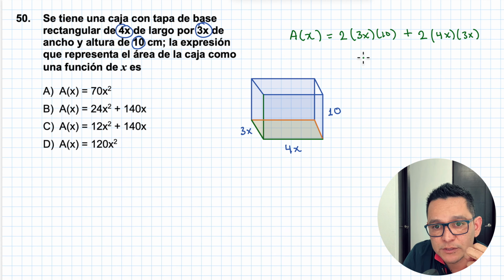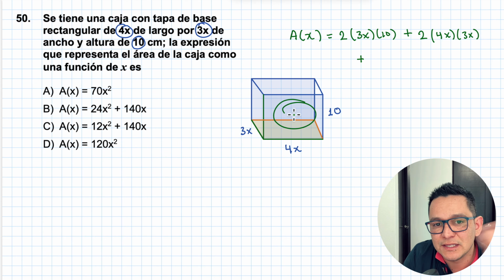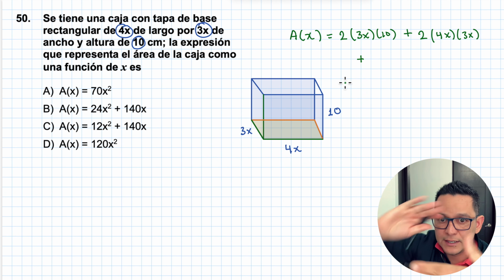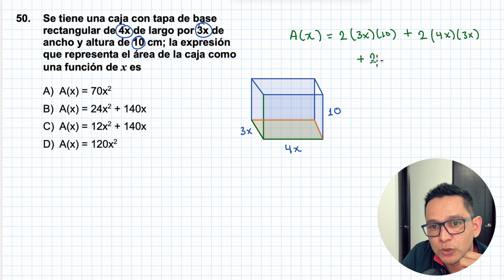And to that, we're going to add, I'll write it down here below, the area of the face that's in front. There are 2 of those, one like this and one back here. So, it would be 2 times. Let me point out the 2 faces, or, well, just the front one, which would be this one right here.